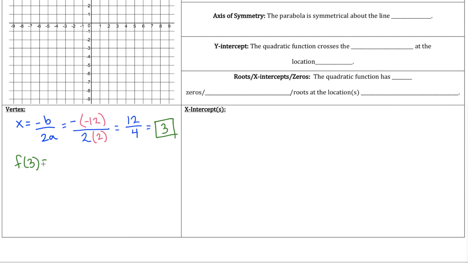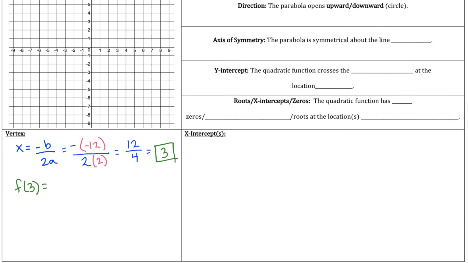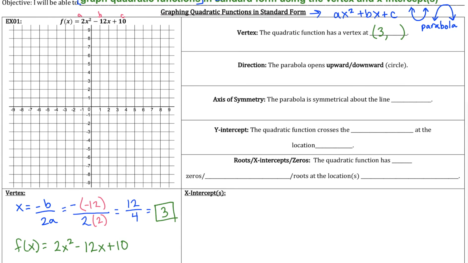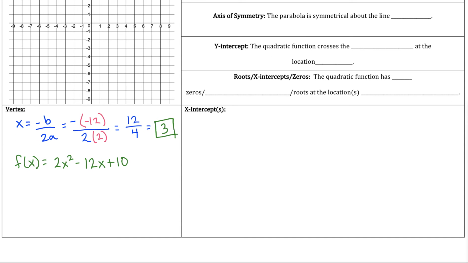F of x equals 2x squared minus 12x plus 10. Let me just make sure that's right one more time. Yes. So instead of x, I'm going to substitute in my x value, which is 3.